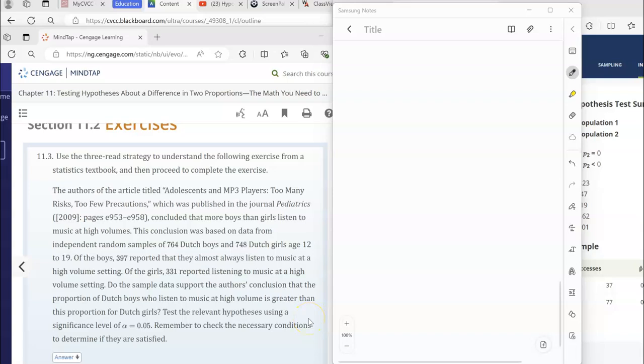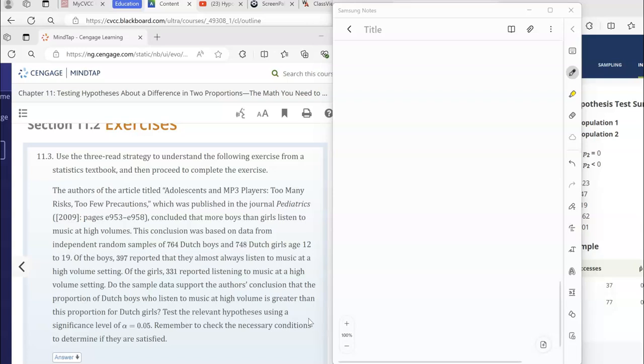So let's look at another example. The authors of the article titled Adolescents and MP3 Players: Too Many Risks, Too Few Precautions, published in the Journal of Pediatrics, concluded that more boys than girls listen to music at high volumes. This conclusion was based on data from independently random samples of 764 Dutch boys and 748 Dutch girls aged 12 to 19.